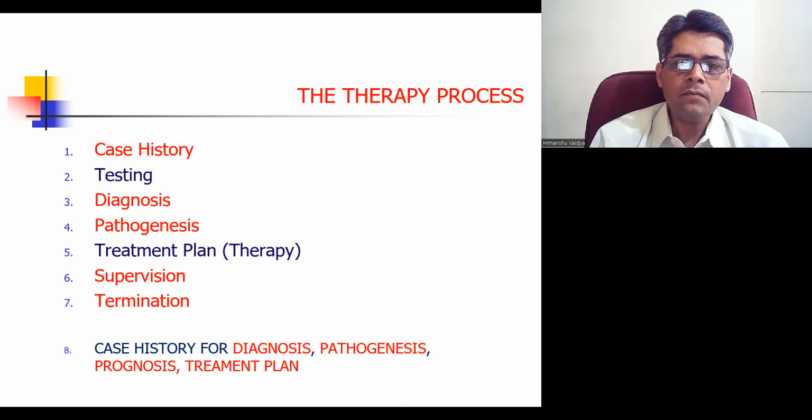7th is termination. When the client says he is feeling fine, we go for termination. Now, on what basis do we decide it is time for termination? We will go into details in session 7.